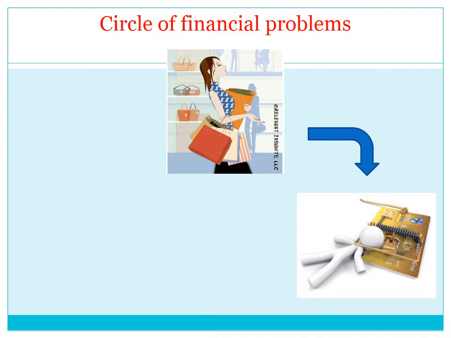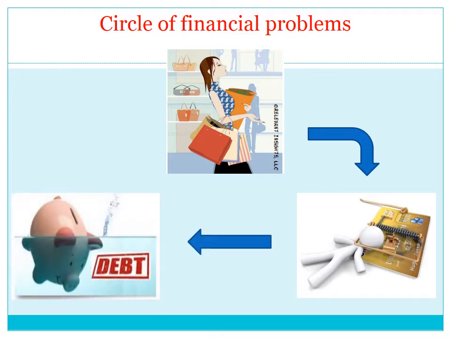The arrival of the credit card bill makes their negative feeling worse. To combat these negative feelings, they go out to the local mall or call a favorite mail order firm to make another purchase. Their behavior results in a vicious circle of financial problems.